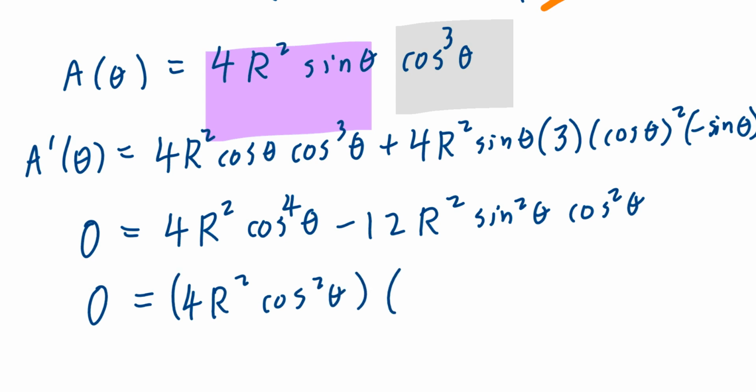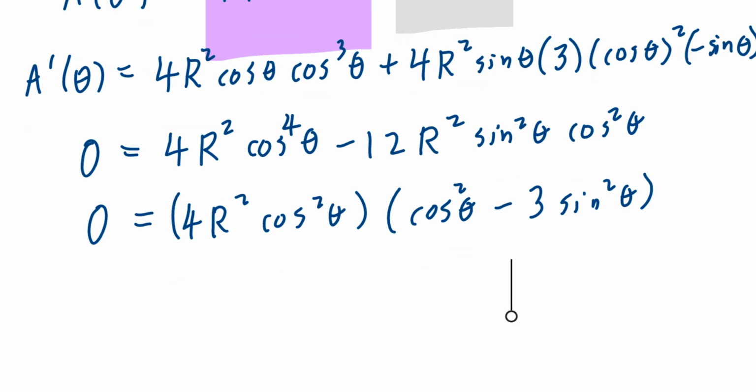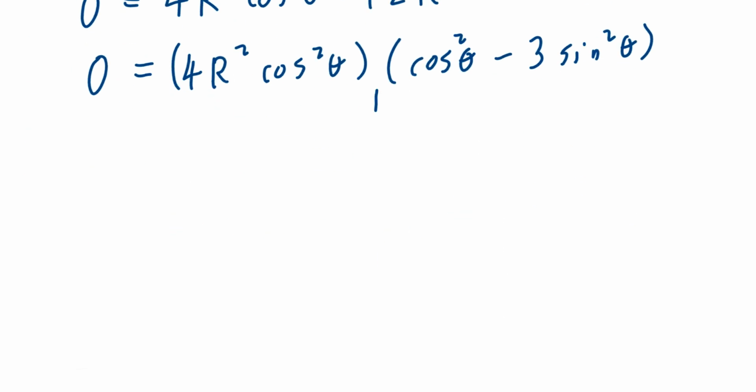In brackets, there's still another cosine squared theta minus 3 times sine squared theta. I'm going to divide this into 2 different columns and solve for theta.